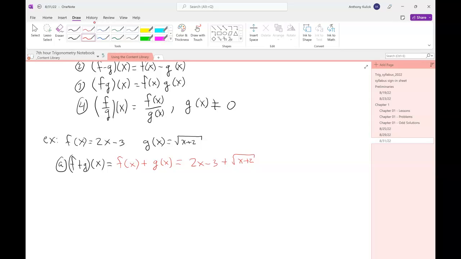Is there anything? Should say no, right? There's nothing to combine. Why can't I combine, say, the minus 3 and the plus 2? One of them's under the square root and the other one isn't. Same thing with the 2x and the x, right? So this is as good as I can do.